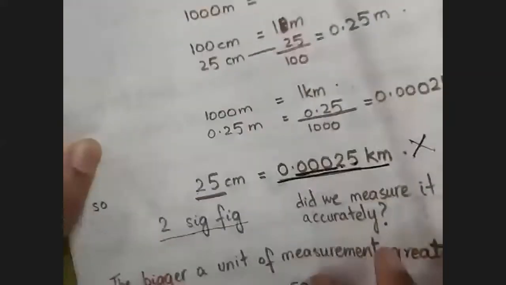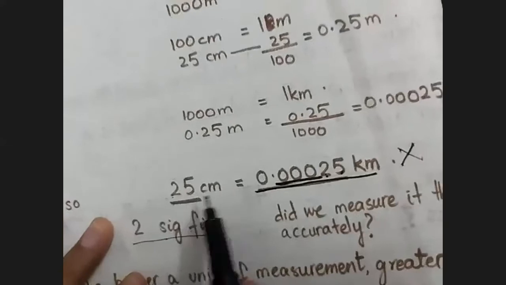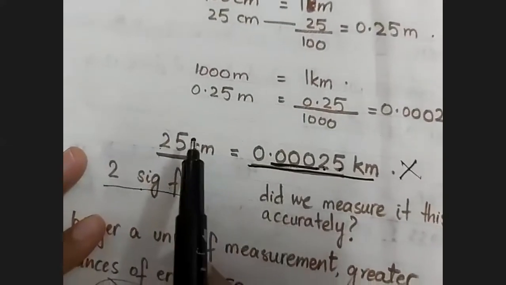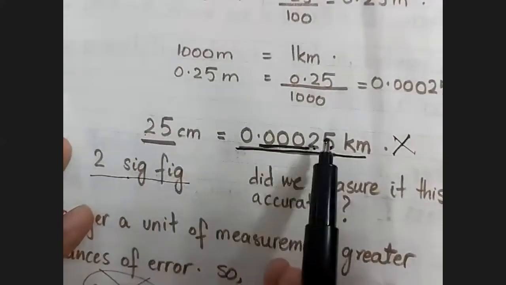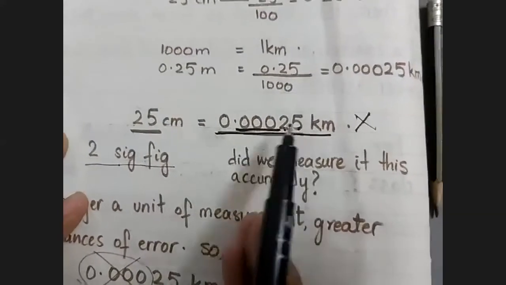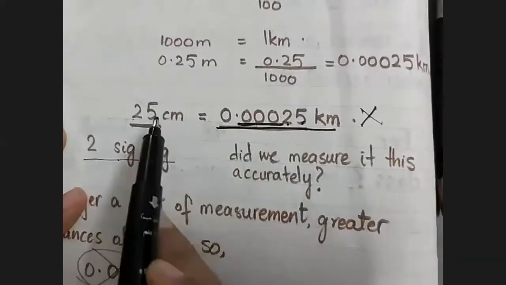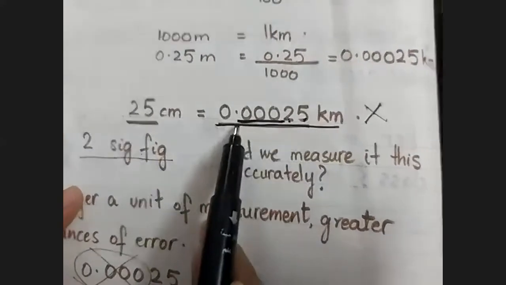For leading zeros, I told you that they are not significant because, for example, if we are converting from a smaller unit to a bigger unit, we will have a lot of decimal places, but that does not mean that we are increasing the accuracy. The accuracy is the same. Therefore, we don't count the leading zeros.